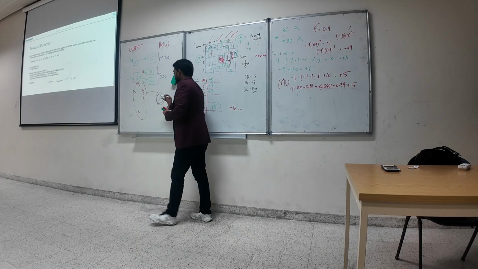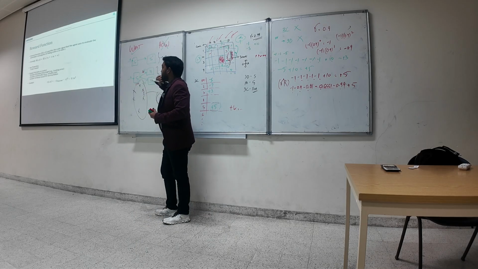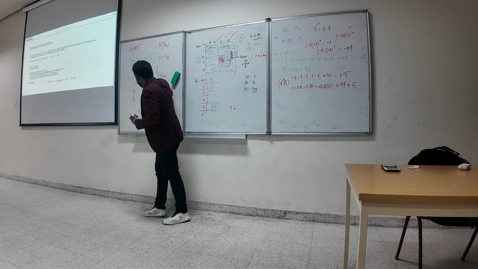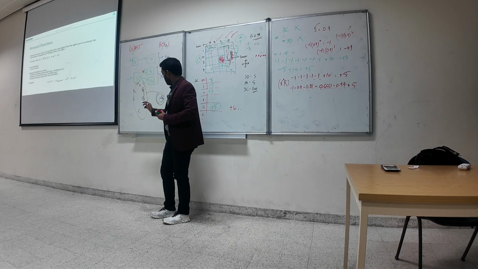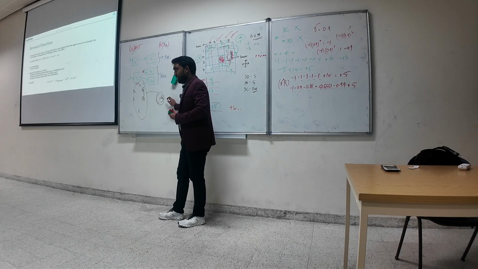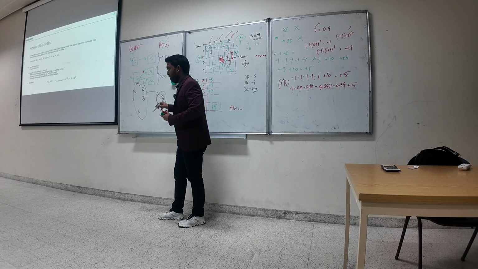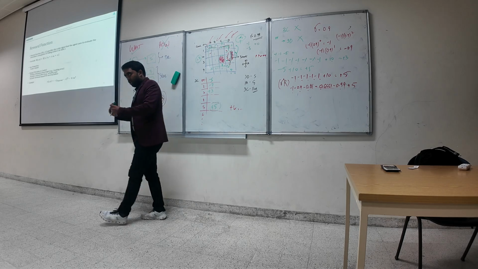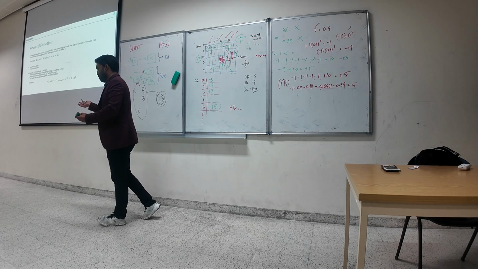Let me make it more clear. Say you have these two drones moving forward. The way you encircle it, you have to encircle, that is the whole goal. You have to encircle, say, this dustbin with a swarm of drones.